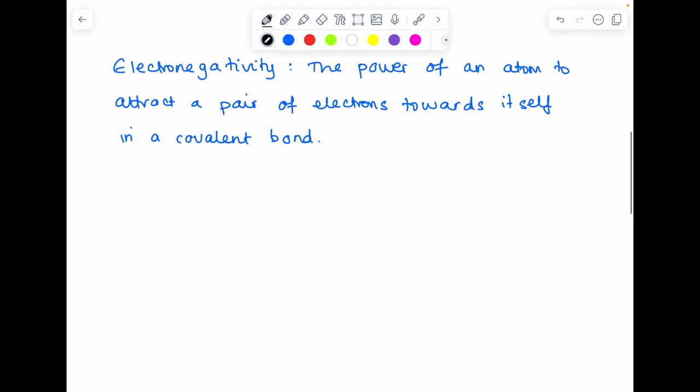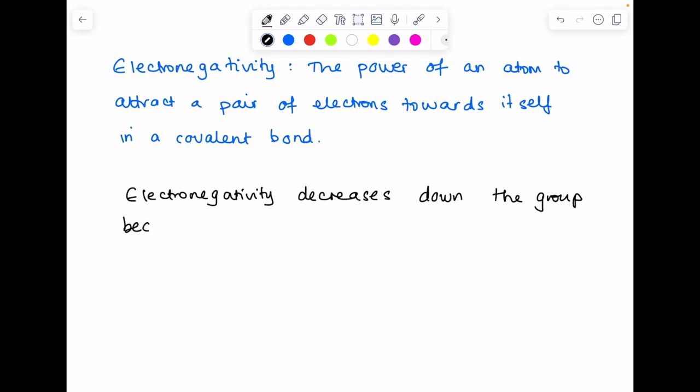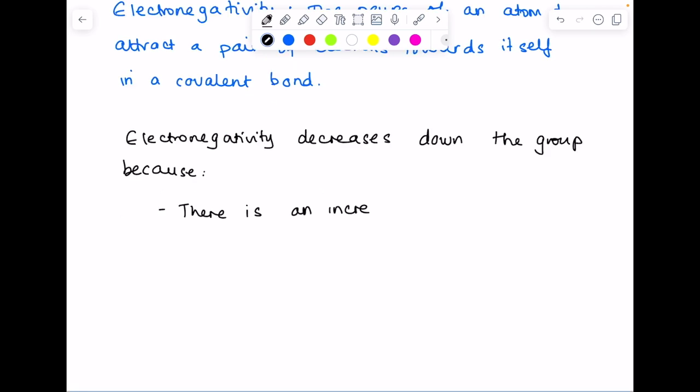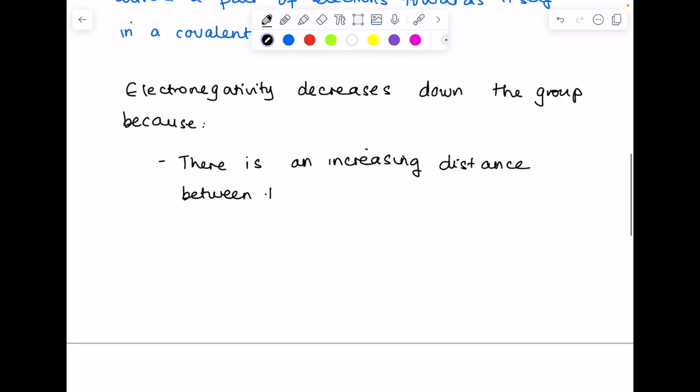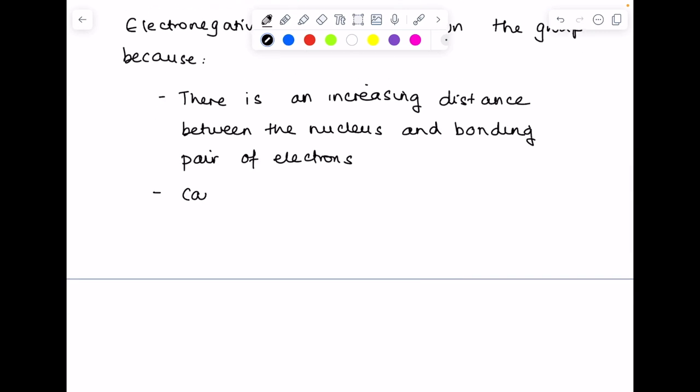So to really spell that out, electronegativity decreases down the group because there is an increasing distance between the nucleus and bonding pair of electrons, and that's due to increased shielding.